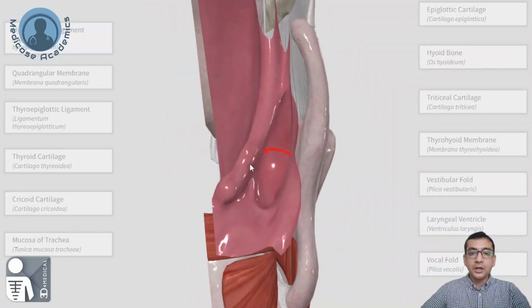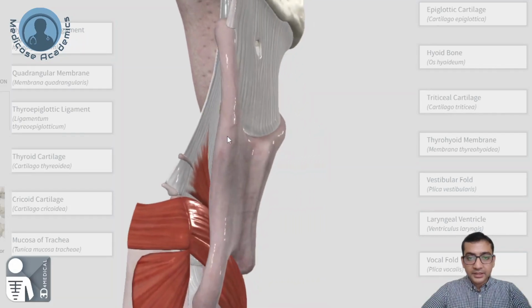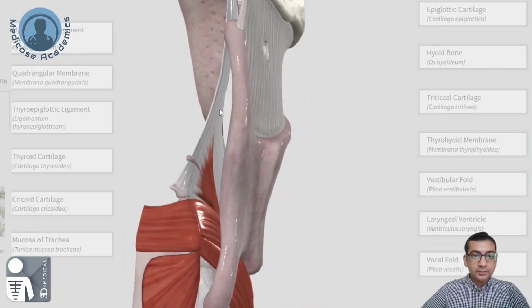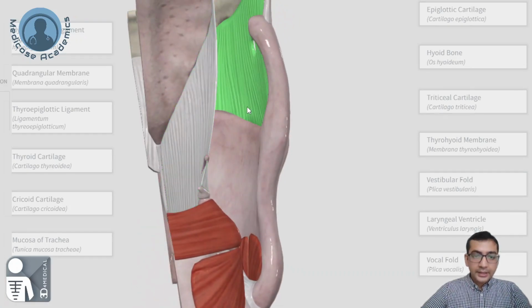This piriform fossa, if I remove this membrane, this is the mucosa. On the medial aspect, it is being covered by this membrane. This is the quadrangular membrane. On the lateral aspect, it is bounded by the thyroid membrane.